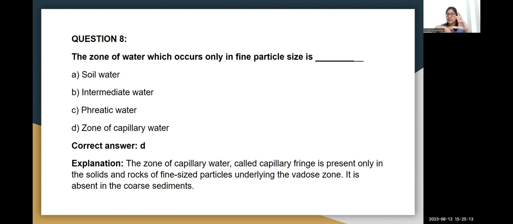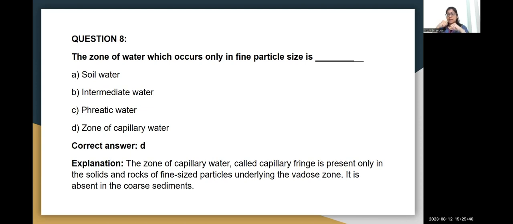So fine size particles always have a larger total surface area when compared to coarse-grained particles. In coarse-grained particles, the pore sizes are also large. Not only that, the total surface area of coarse-grained particles is lesser than that of fine-grained particles, and capillarity is something that is closely associated with the surface area of the particles.